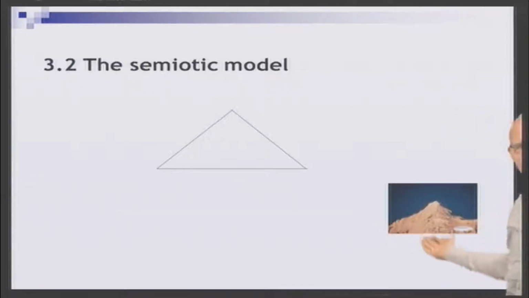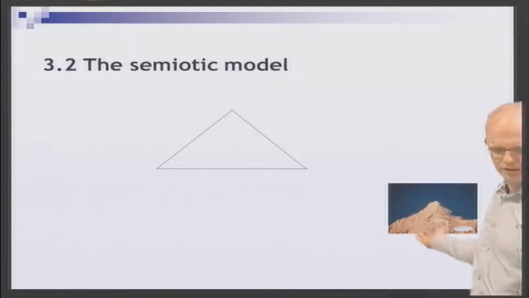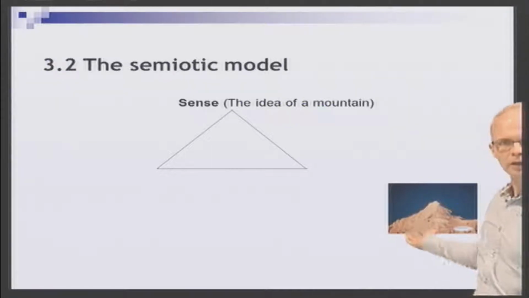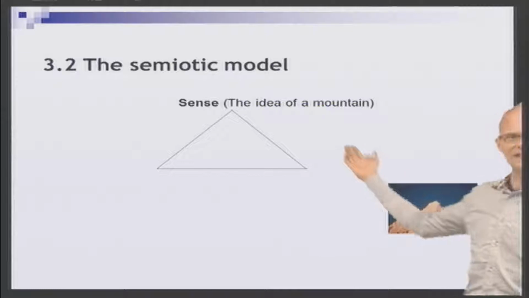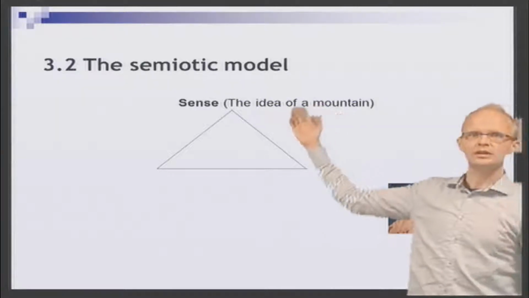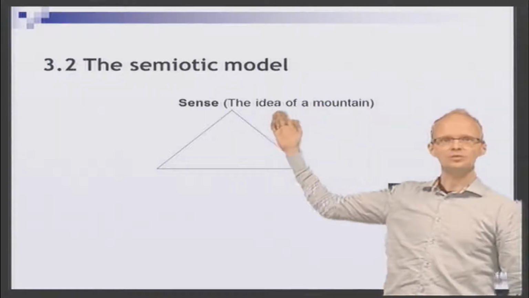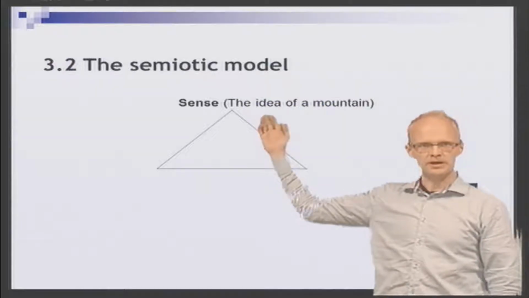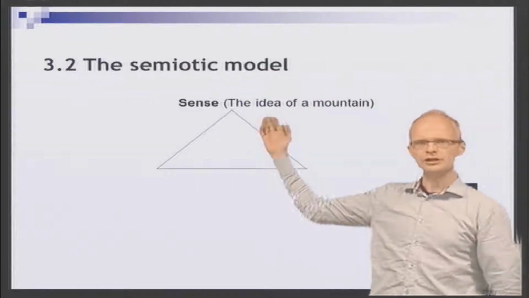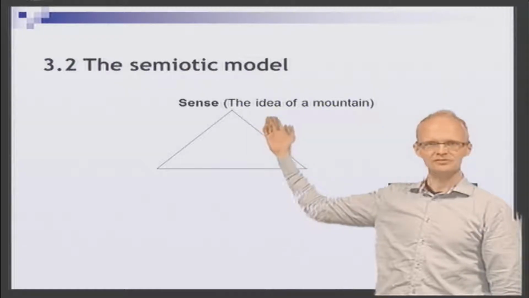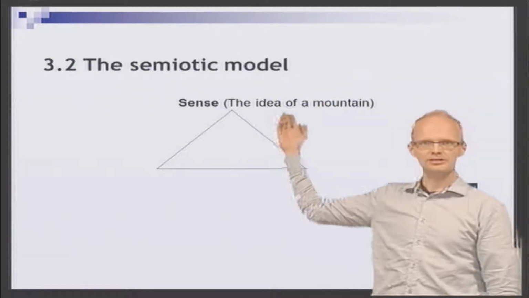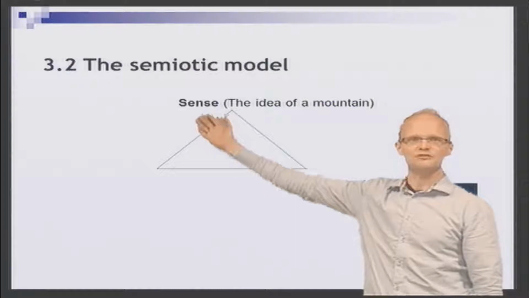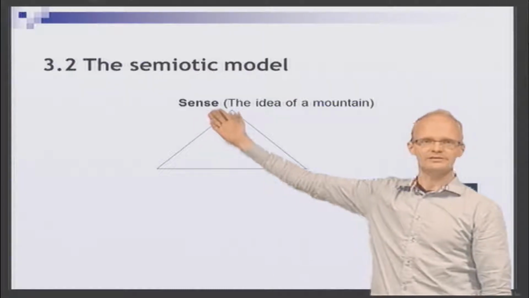What is a mountain? Here we have an example of a mountain, and in the semiotic model, they say that we need to distinguish between the ideas we have in our minds. I may have an idea of a mountain in my mind, and if you close your eyes, you will have ideas of mountains also, and this will be the sense form of it.